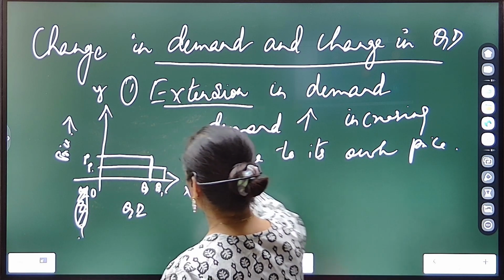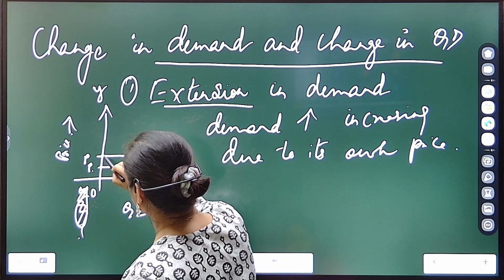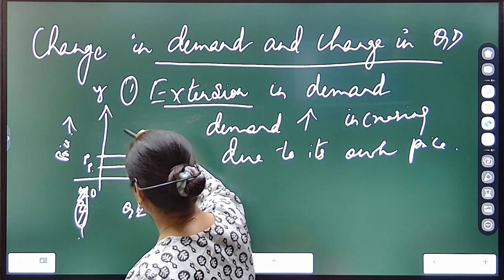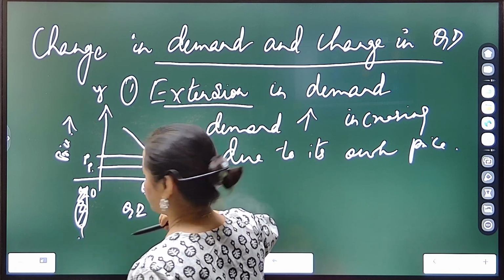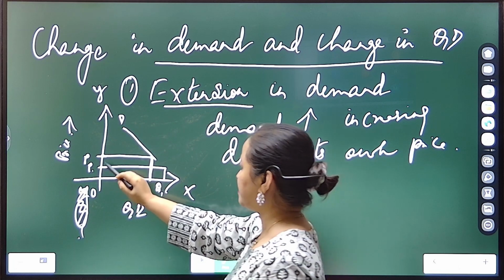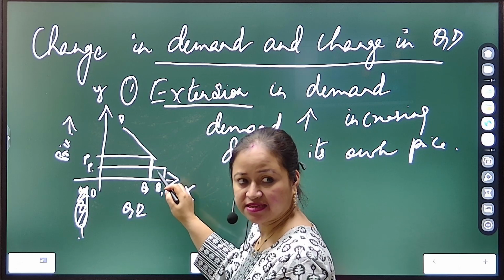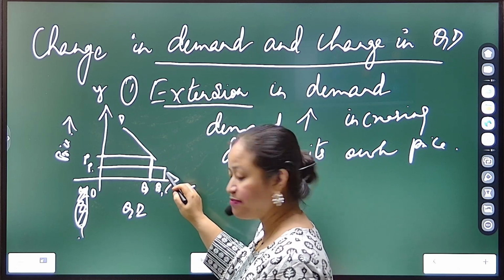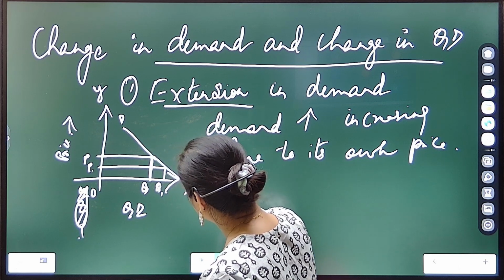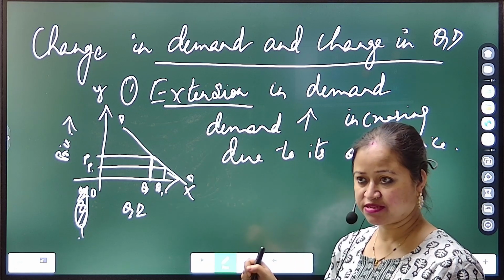So when price was P, the quantity demanded is Q, so the demand curve was like this. This is your demand curve, DD. And when price decreases to P1, demand has increased, so the demand curve will go this side. It is sloping downwards. Am I clear to you?